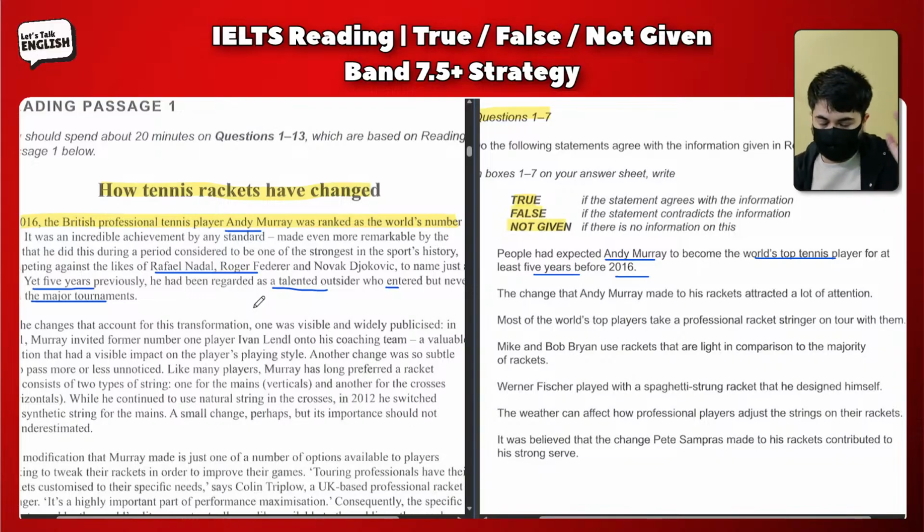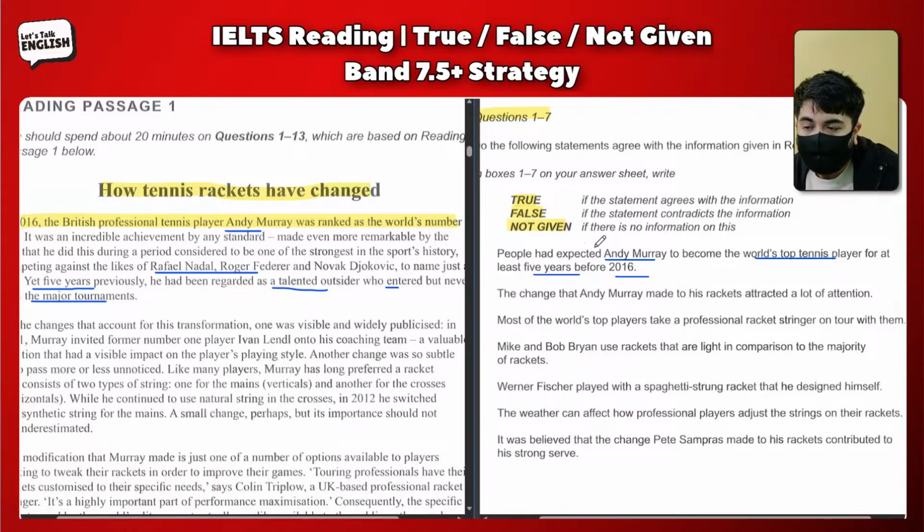And same goes for yes, no, not given. What you need to do is you need to first ask yourself, okay, buddy, is this completely given? If it is completely given, not even partially or 75-80%, if it is 100% given, then you decide whether it is saying the same thing or opposite thing. But if it is not given, happy birthday, move ahead, right?